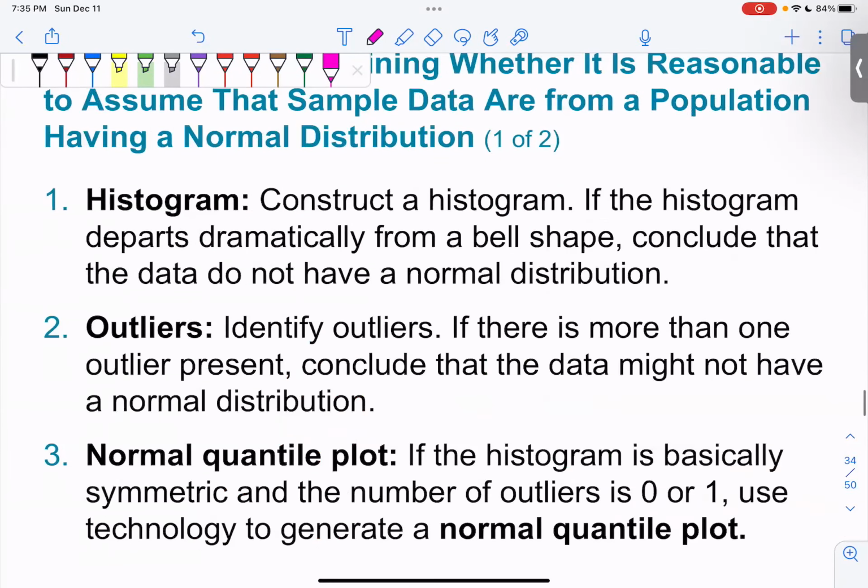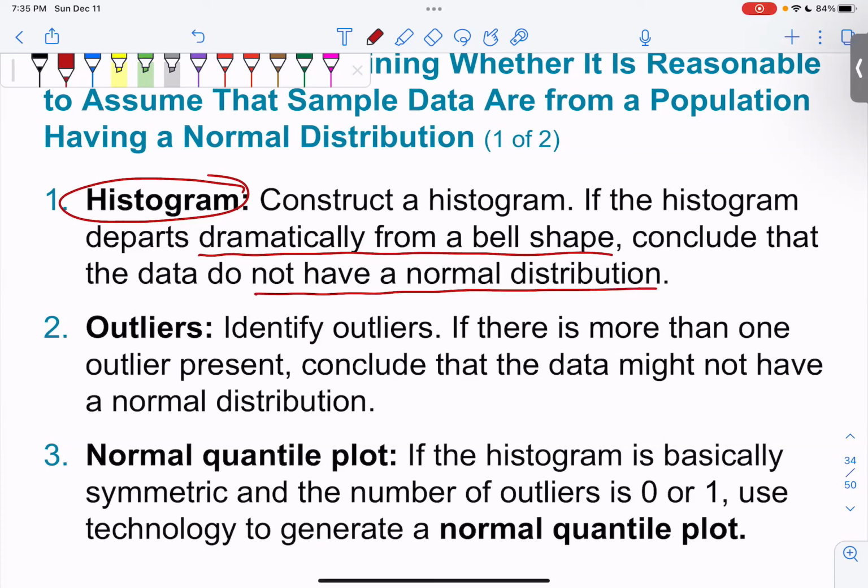So the first one, we will do the histogram. If the histogram is far enough from a bell shape, then we can say this data doesn't have a normal distribution. And then the outliers: if we have more than one outlier, then we conclude the data might not have a normal distribution.